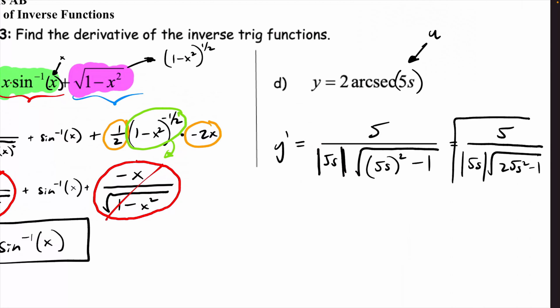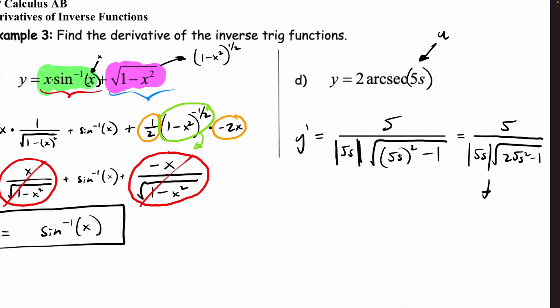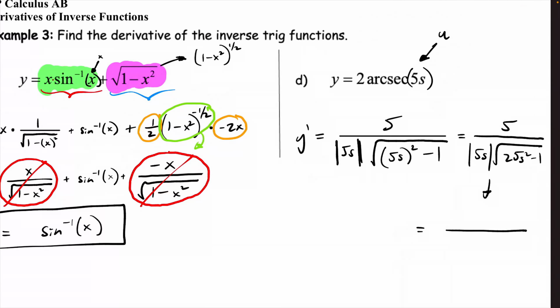Oh wait, before that, I had a student who did this. Can you do this? They went from the top to the bottom. Can we do that? No. Why not?